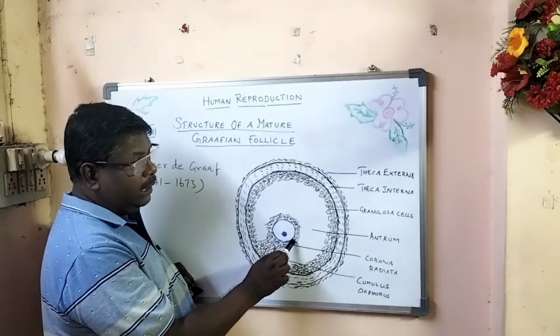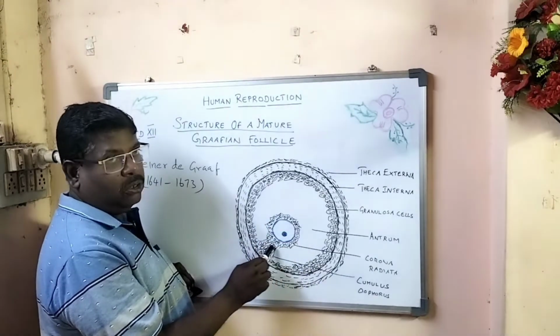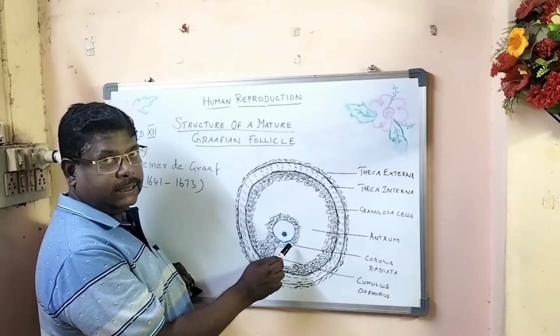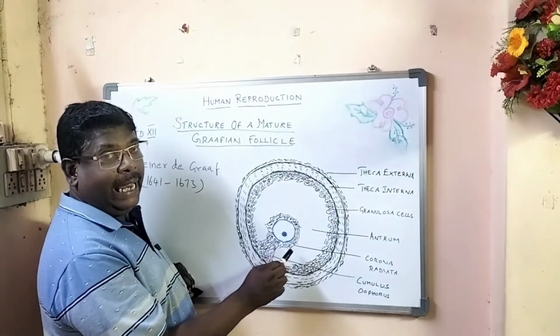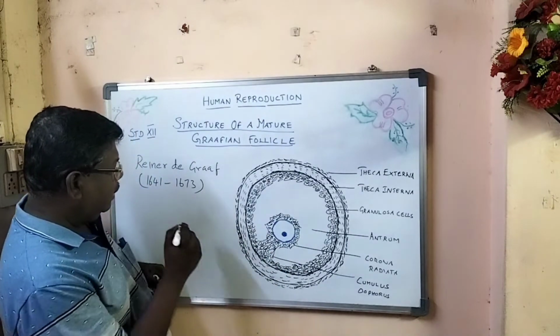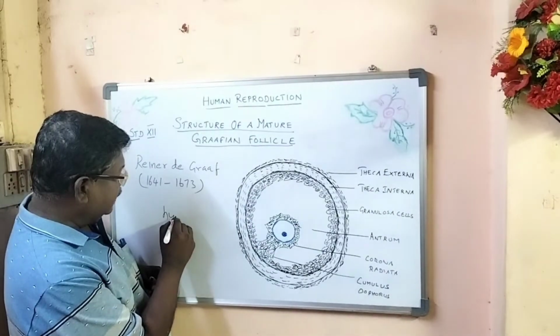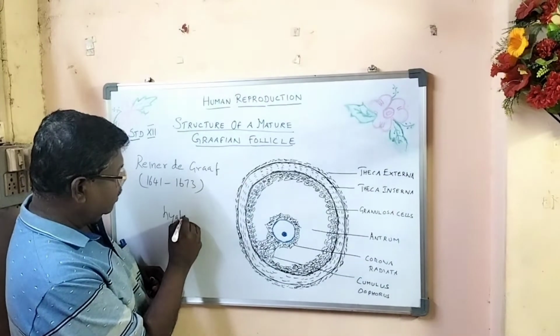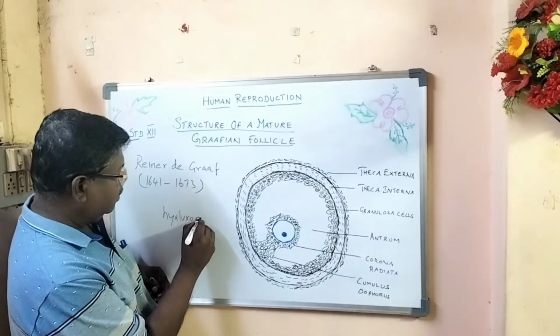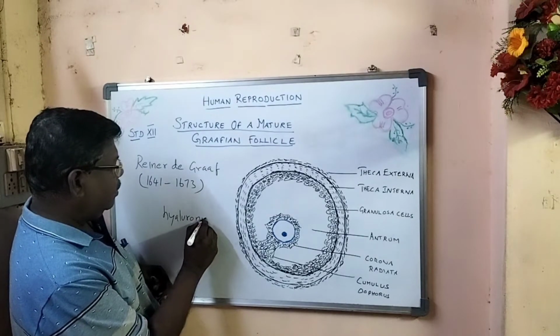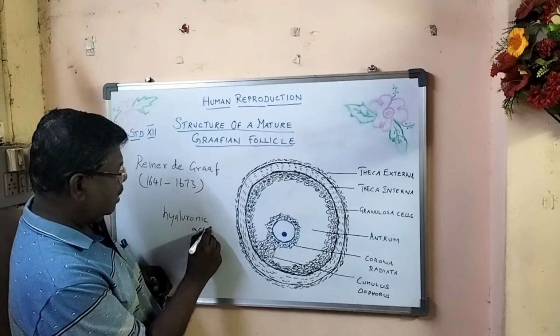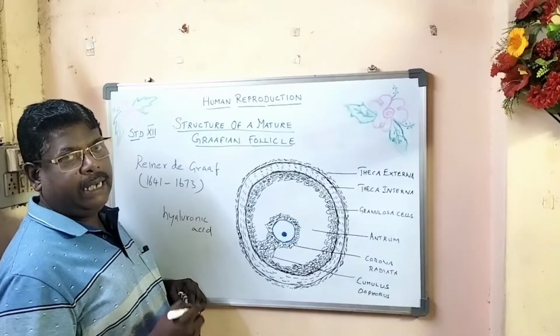This corona radiata is a cluster of granulosa cells, and they are all held together by a hyaluronic acid matrix.